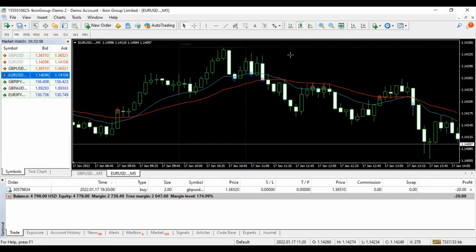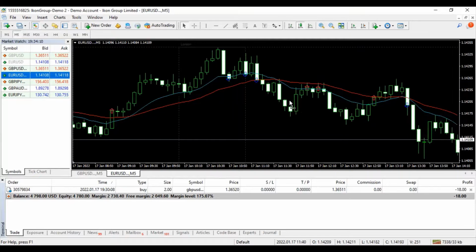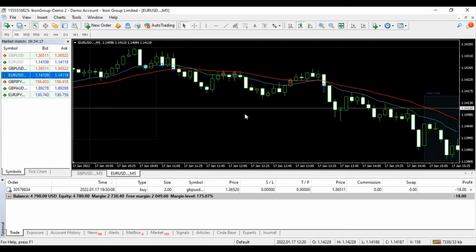I have a friend I taught this strategy. His parameters are way different. Sometimes he just targets 1-to-1, 4 pips to 4 pips. He trades it differently, and he has a very, very high win rate. So the risk to reward is not as great, but he has a very high win rate, so it's still profitable either way.